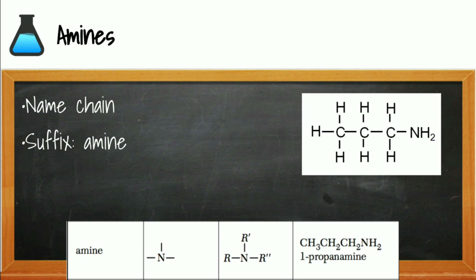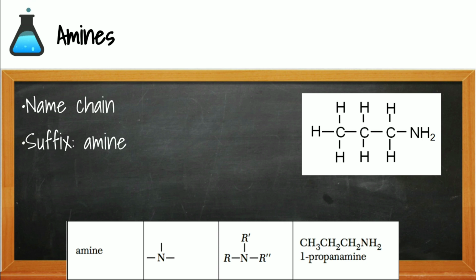So amines have nitrogen included in the carbon structure. And the Regents example gives us 1-propanamine. So prop means 3 carbons, and amine means we have the nitrogen, and the number 1 means it's hanging off the first carbon in the chain.